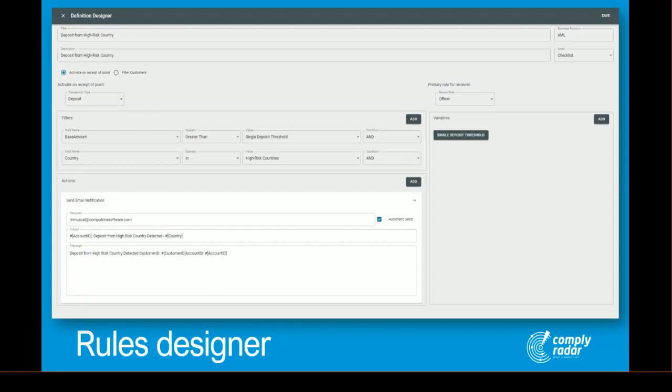And at the bottom, in this case, I'm defining the action as an email. So I'm defining the template of the email and to send it. If this transaction is flagged, then send an email to this person with this information, right?